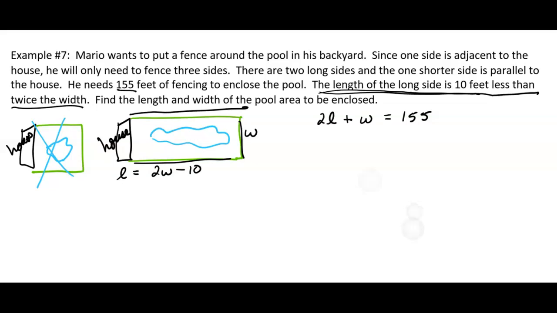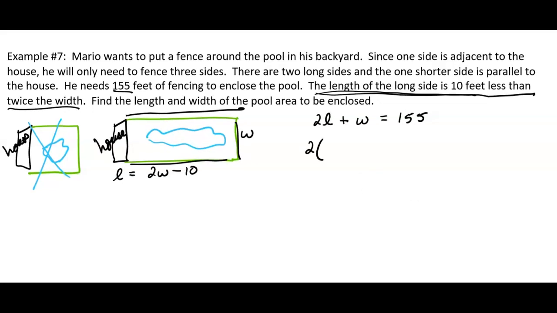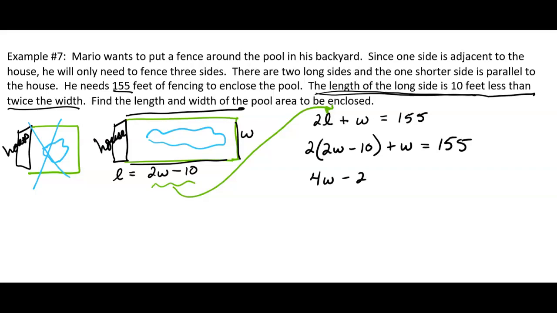So I can substitute that in, substitution problem: 2(2w minus 10) plus w. So I'm taking this equation right here and substituting it into the other equation. Now it's just an equation in 1 variable, so I can just distribute: 4w minus 20 plus w.